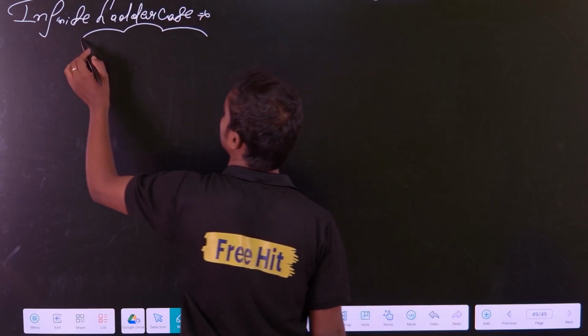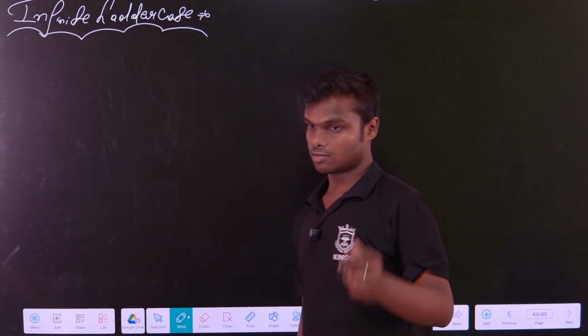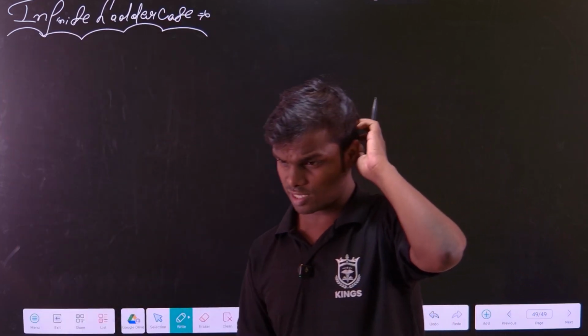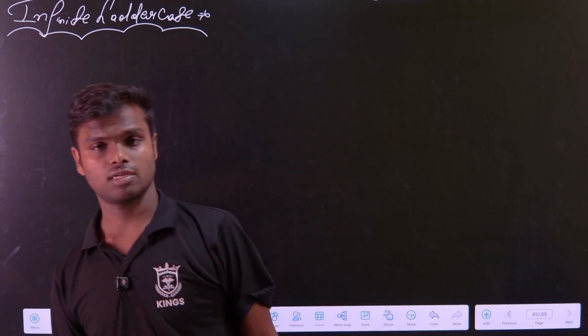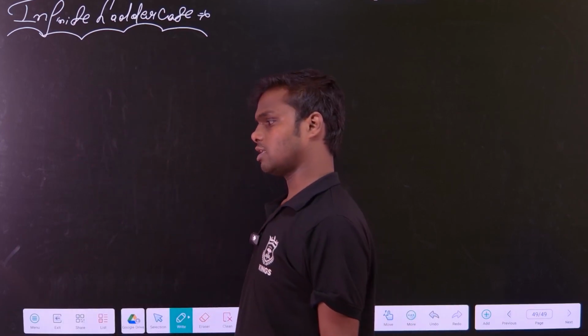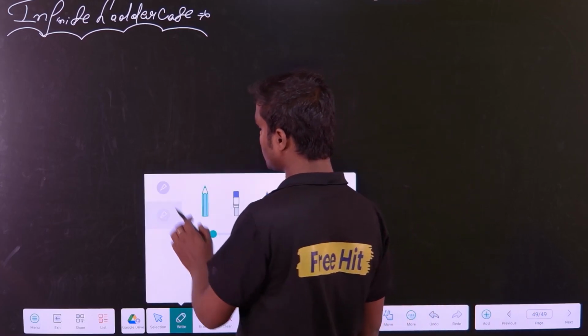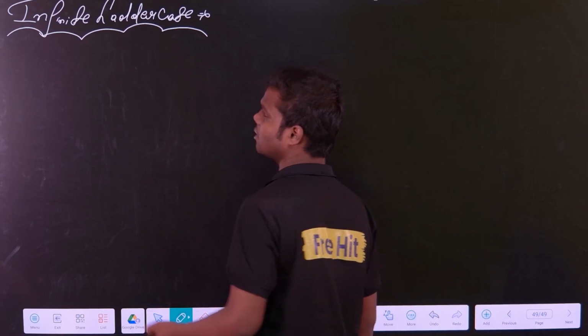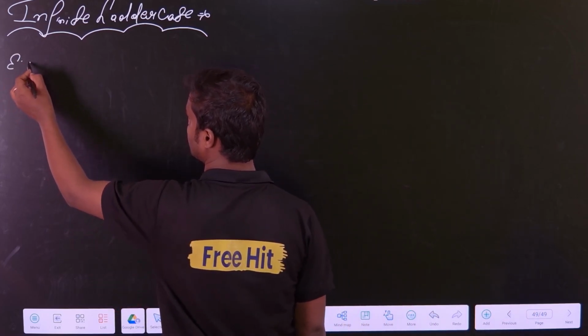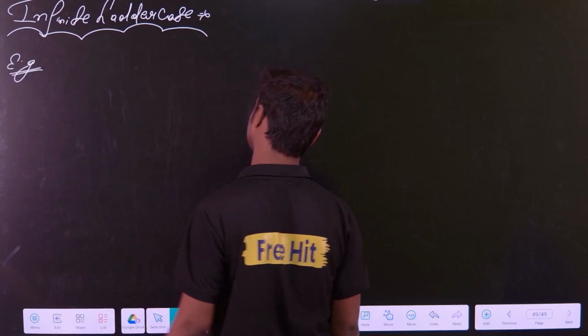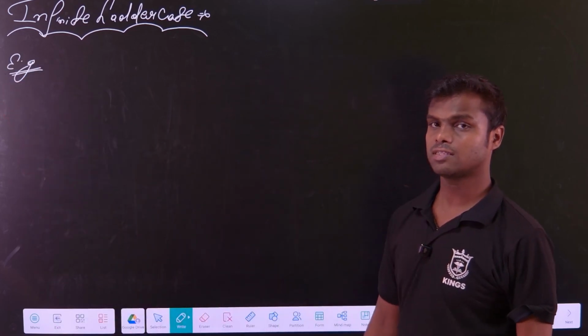There are two types of cases, but generally one type of case is very important. We will see that case, and if required we will go for the other case also. That is generally for the Olympiad, but we will see it at the end of the chapter.